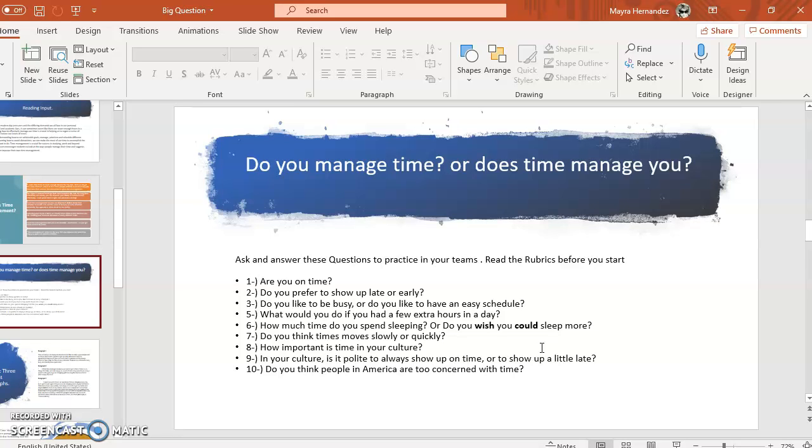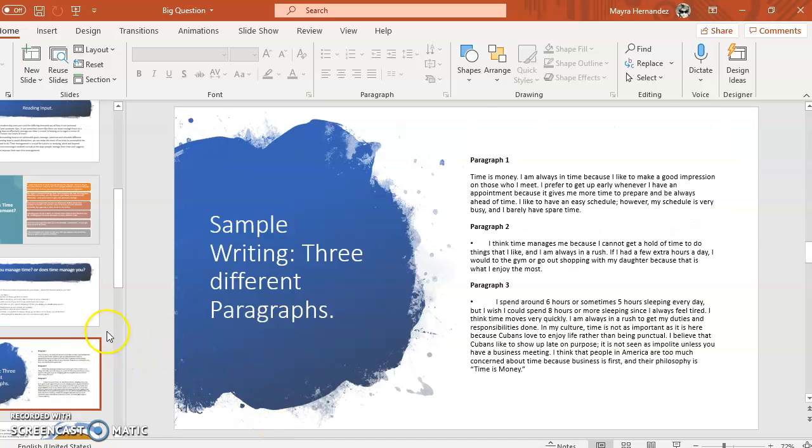And the instructor all the time providing vocabulary. The instructor all the time helping them to pronounce this or that word. This is a fantastic time for oral exchange. Following this activity is when I come to a sample writing, 3 different paragraphs. It's from the oral interaction.